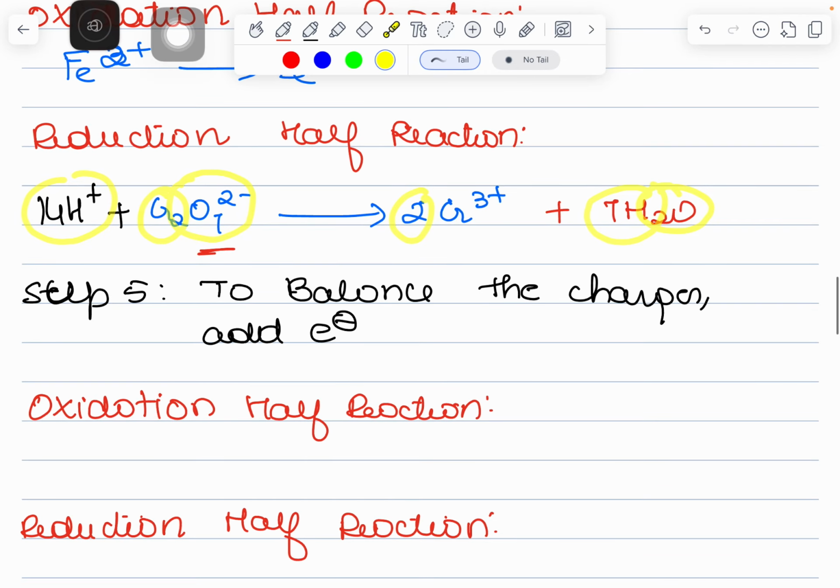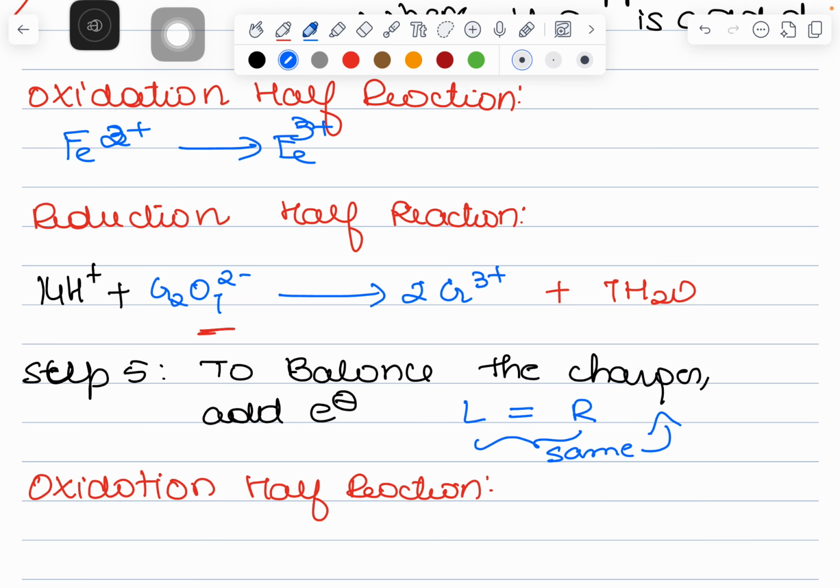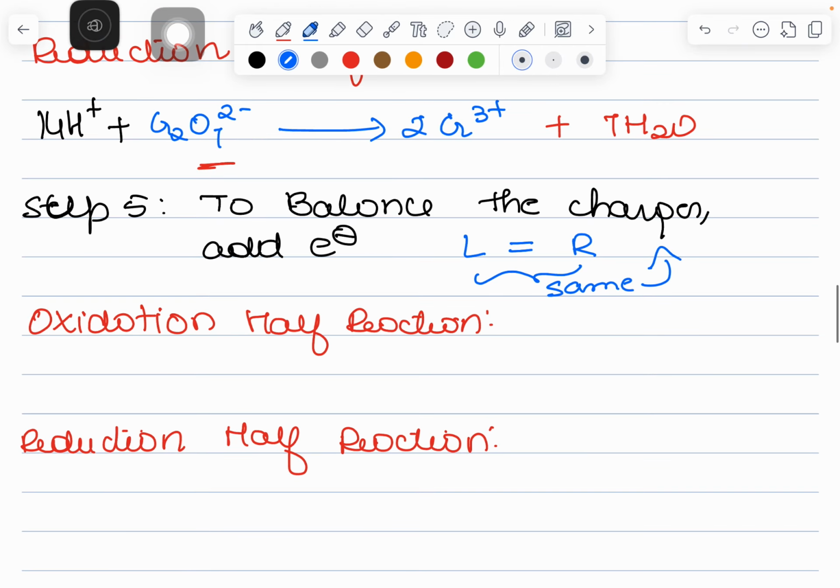Let's see step 5. To balance the charge, we now have to balance these 2+ and 3+ charges. On the left-hand side and right-hand side, the charges must be the same. First let's see what happens in oxidation, Fe2+ to Fe3+.